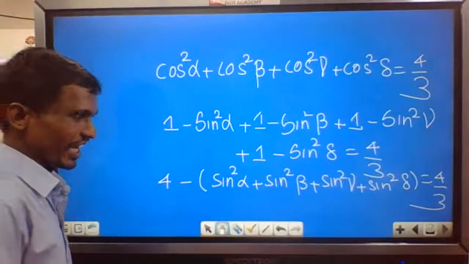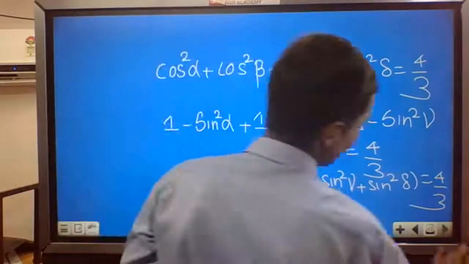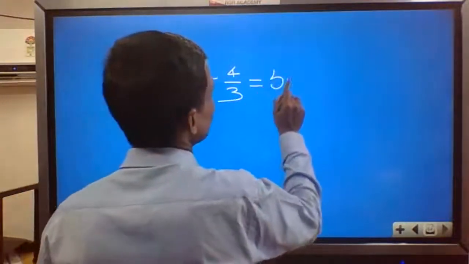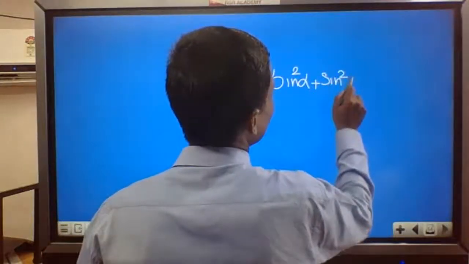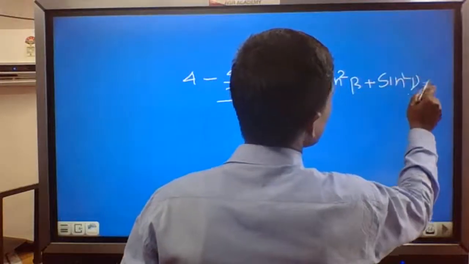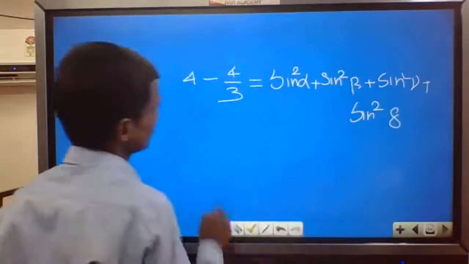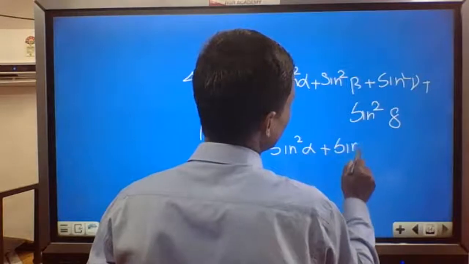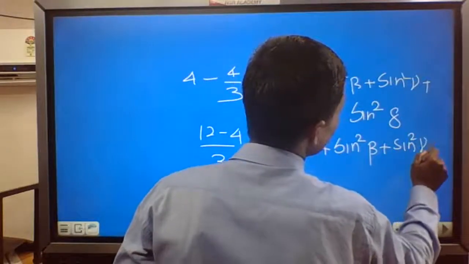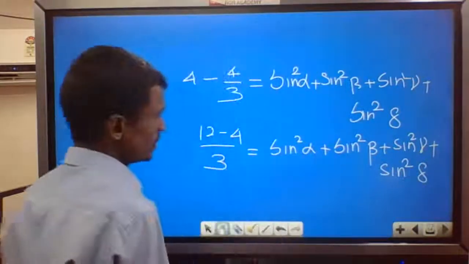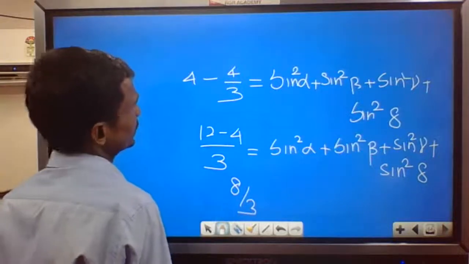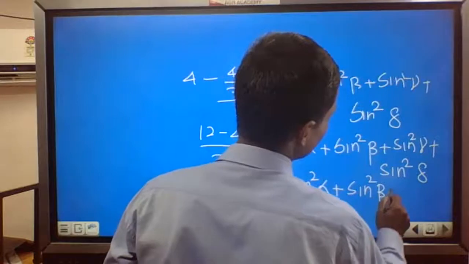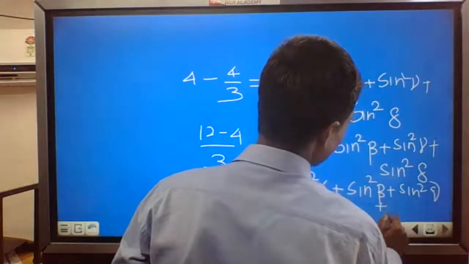Then 4 minus 4 by 3 equals sin squared alpha plus sin squared beta plus sin squared gamma plus sin squared delta. So 12 minus 4 divided by 3 gives 8 divided by 3.